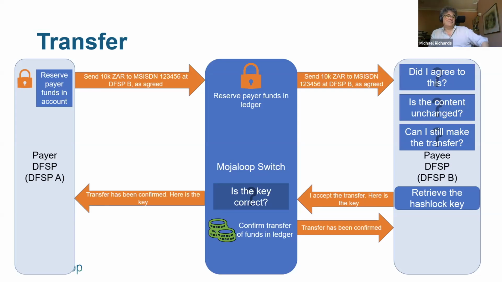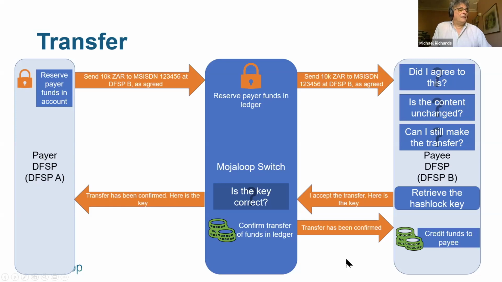And in that case, the switch will send back to the payee to say, yep, I have confirmed the funds in my ledgers, you can go ahead and pay your customer because I will make sure that the payer DFSP pays you. So at that point, the payee DFSP can credit the funds to the payee.